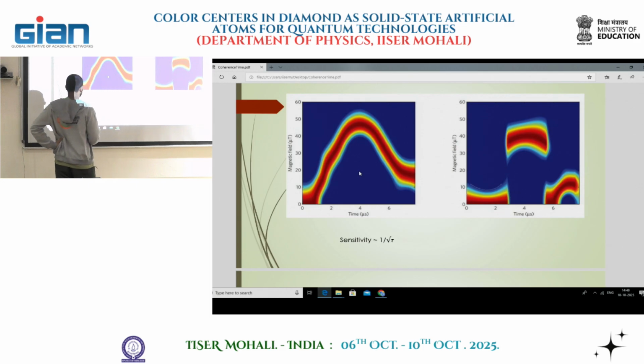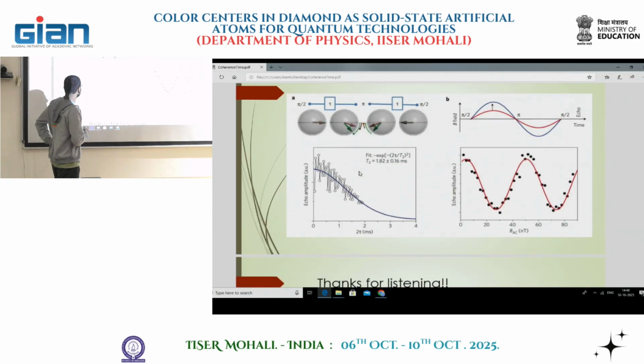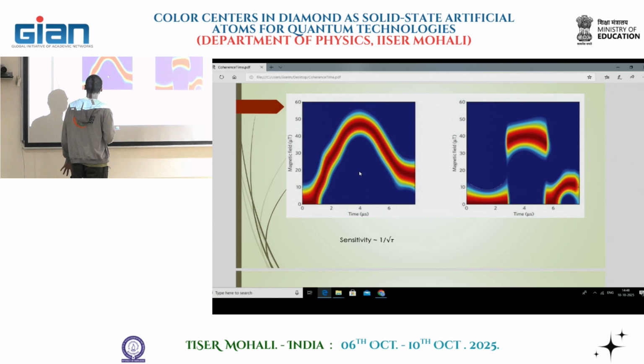Initially, tau is always less than the coherence time. Here they wanted to measure the coherence time, and you can see it comes out very nicely. It's like 1.82 milliseconds, which is great compared to the ones which have the 13C isotope. That's pretty much all that the paper covers.